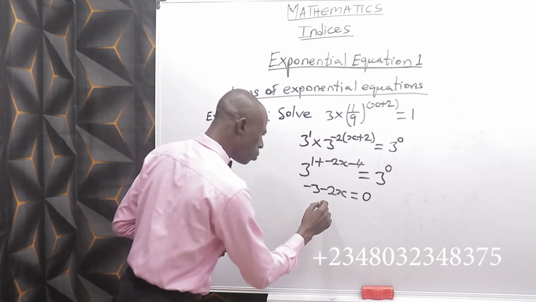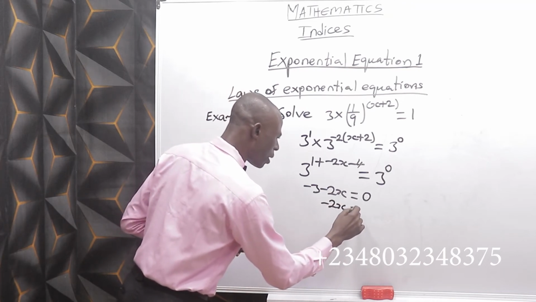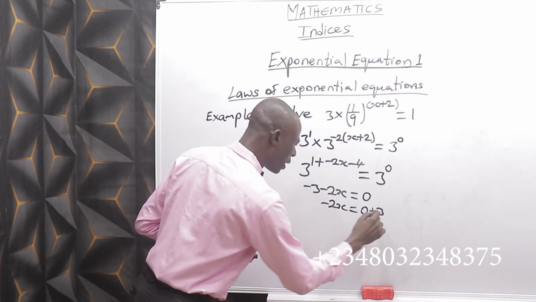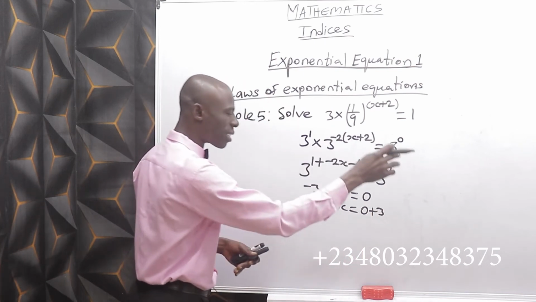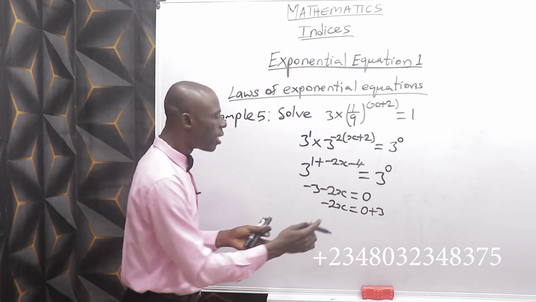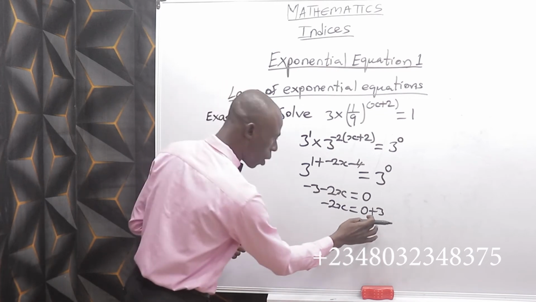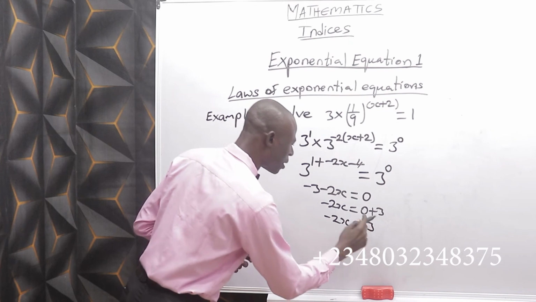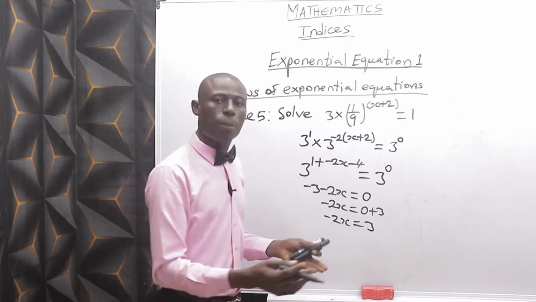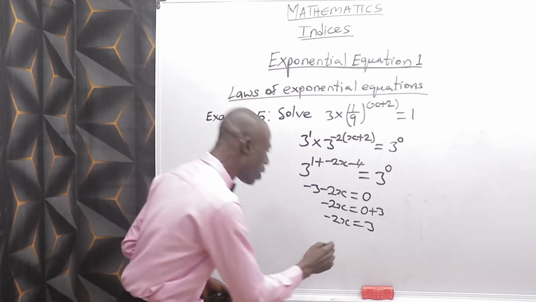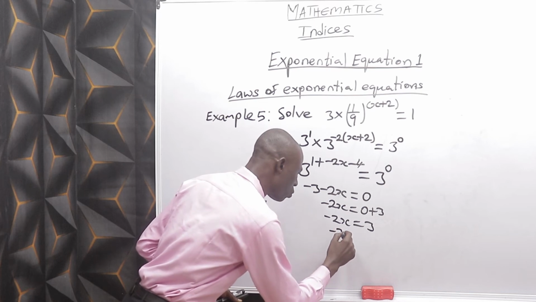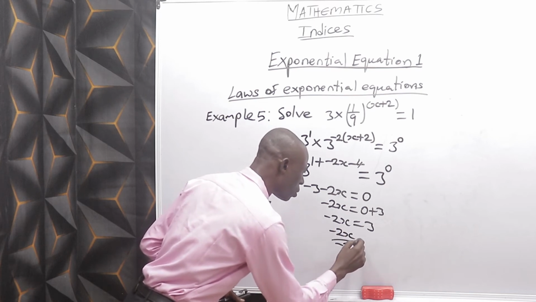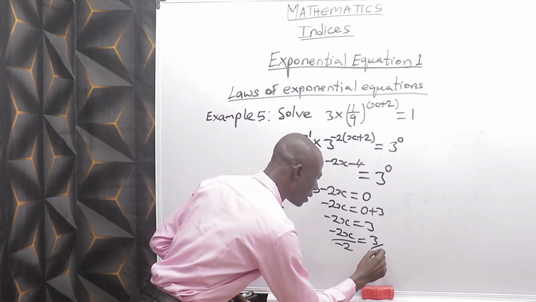Solve this equation. We have 2x equals 0 plus 3. When you take negative 3 to the other side, crossing the equality sign, it changes to positive. That is why we have this positive there. So we have minus 2x equals 3. 0 plus 3 is 3. Dividing both sides by negative 2, we have negative 2x divided by negative 2 equals 3 divided by negative 2.